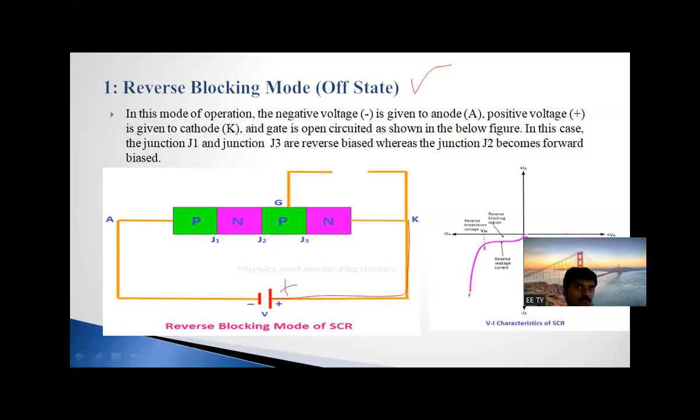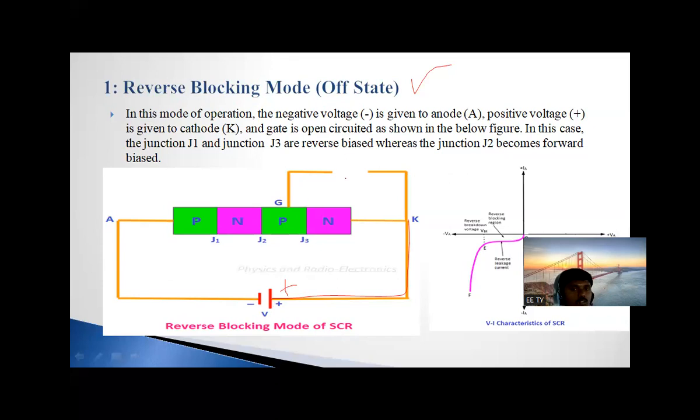But here the condition we are discussing is reverse blocking mode. To operate in reverse blocking mode, the cathode terminal should be connected to the positive supply, and the anode terminal should be connected to the negative terminal of the supply. Clear?